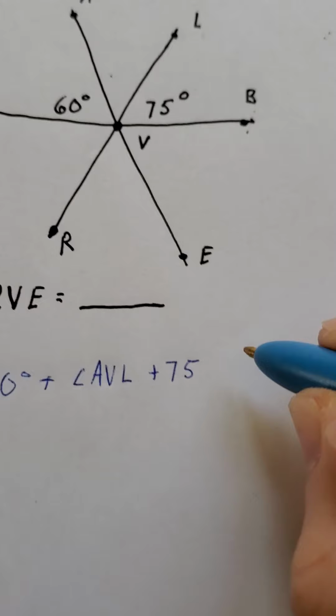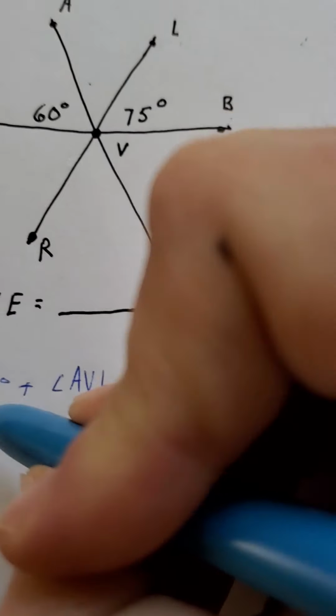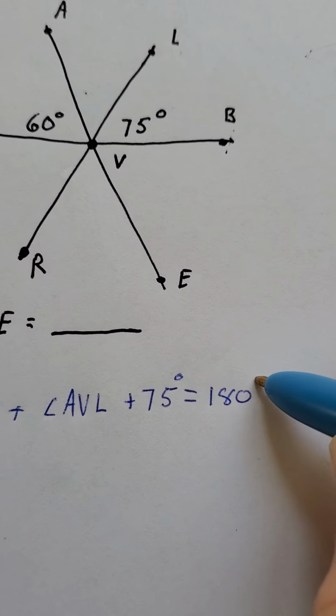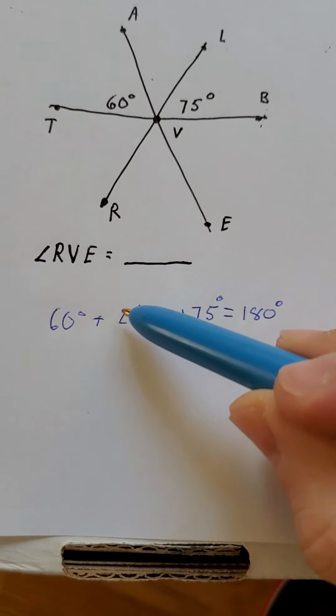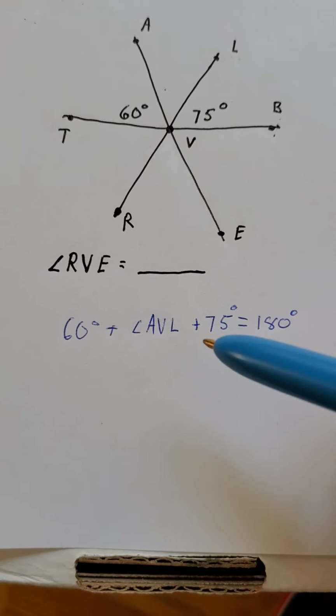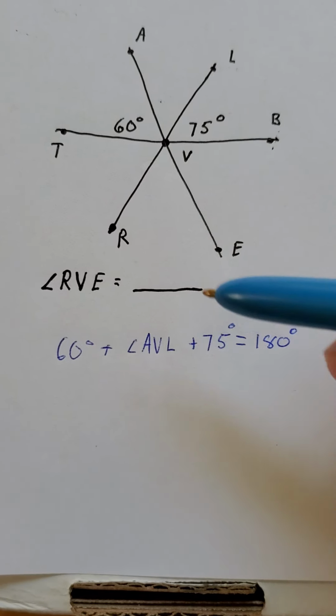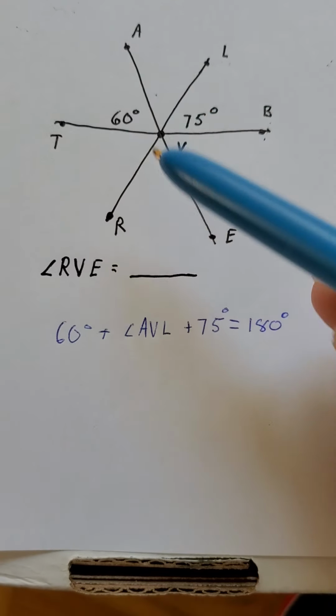And that's going to equal 180. So we can solve for this like a variable. Angle AVL is just like a variable that we don't know in algebra. So if we can solve for this AVL, that'll tell us what this angle measure is.